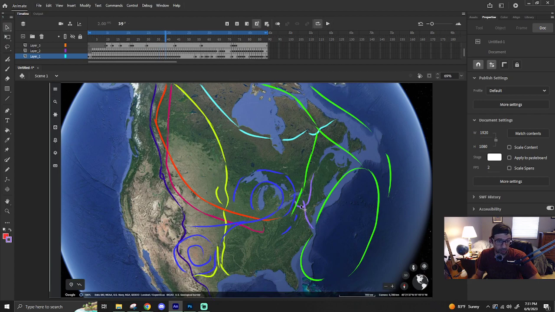Then I did the Finger Lakes and I showed the intersections of these currents and where these craters are, and then where this crater is, this structure over here.